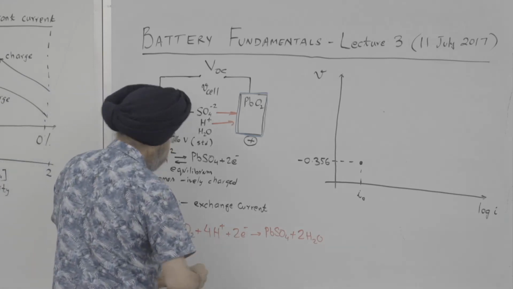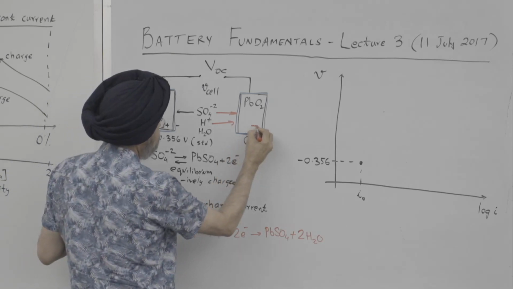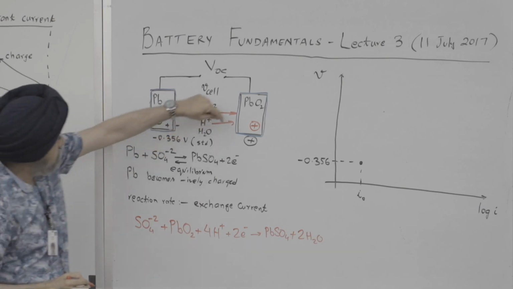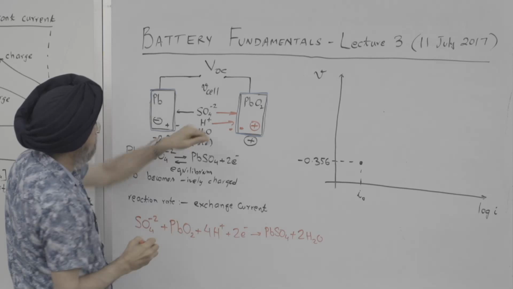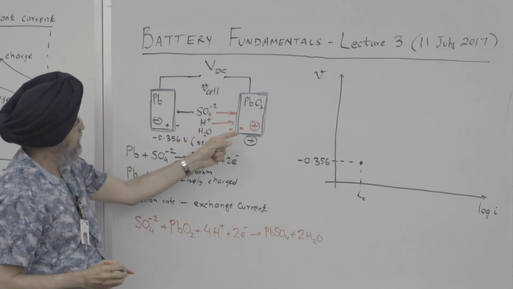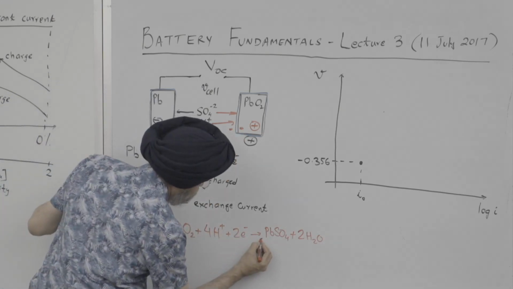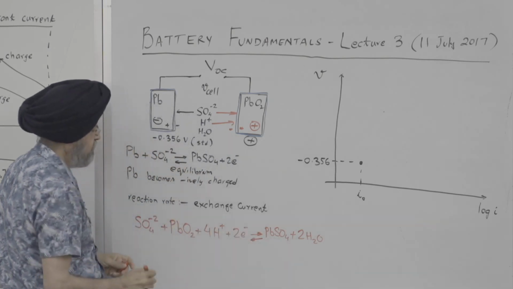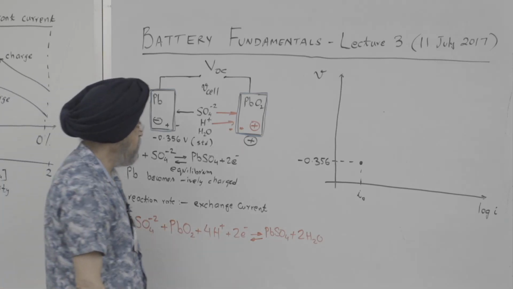And on this side, notice the electrons are being consumed, so this gets positively charged. So the voltage is from here to there. When this gets positively charged, the hydrogen ions get repelled by the positive charge. So this reaction too comes to an equilibrium condition such that both these reactions going forward and backward are the same. And this has an exchange current too.